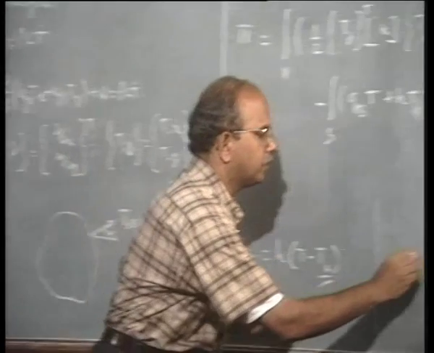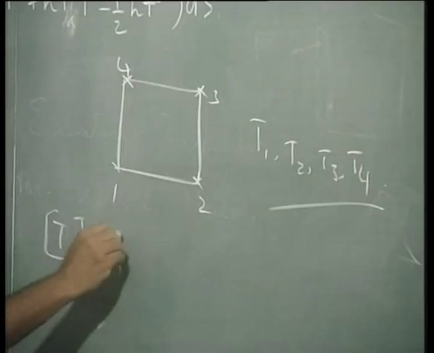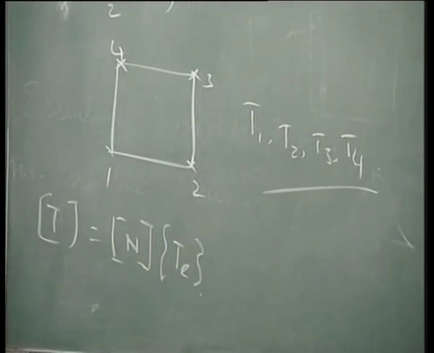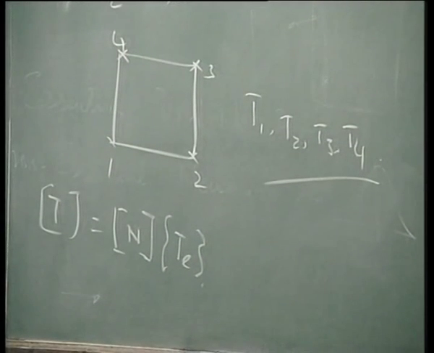Okay. So T equals N times T1, T2, T3, T4.